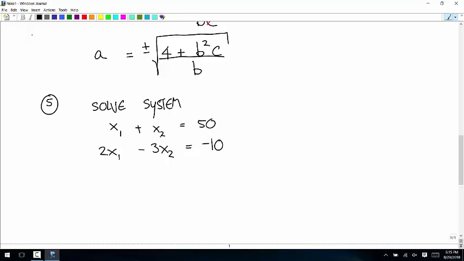So subtract x2 from both sides, and you get that x1 is equal to -x2 plus 50. And then I'm going to plug that in to the second equation. So in the second equation where we have the x1, I'm going to replace that with -x2 plus 50.